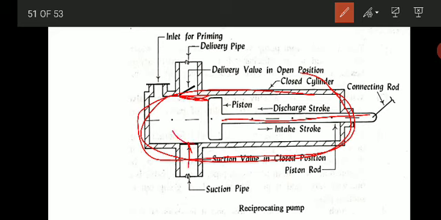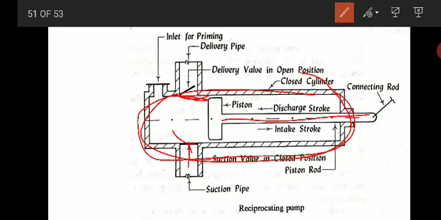During intake, the delivery valve remains closed, and on the discharge stroke, the suction valve is closed and the water is forced into the delivery pipe through the delivery valve, which opens during the discharge stroke.